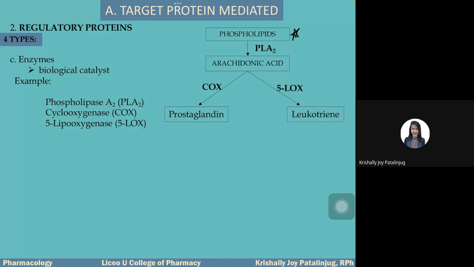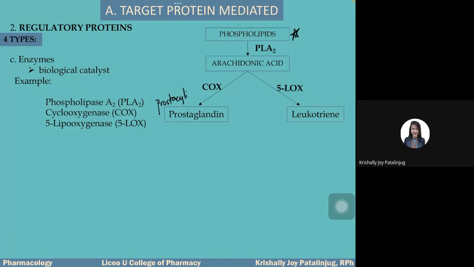So arachidonic acid, when metabolized with COX, will produce eicosanoids, prostaglandin. And there are other products or metabolites produced under the COX pathway. We have prostacyclin as well. Let me write it.